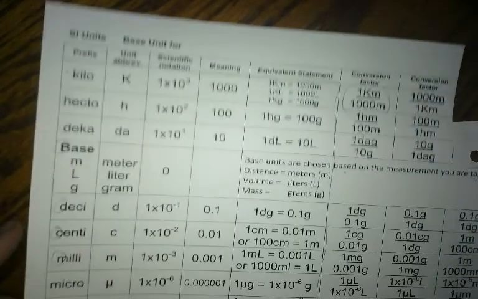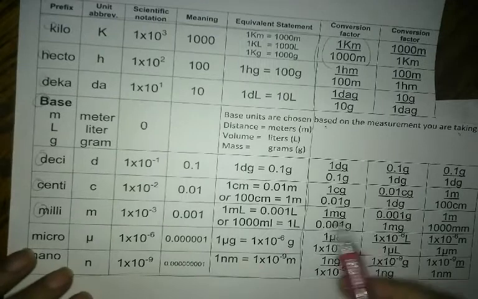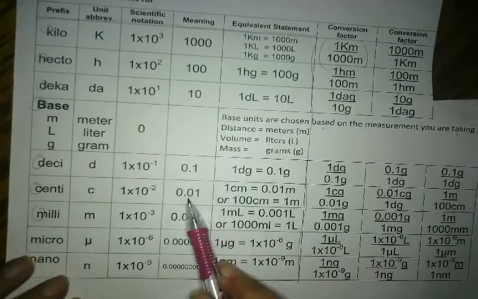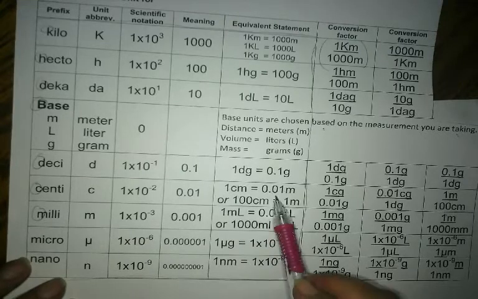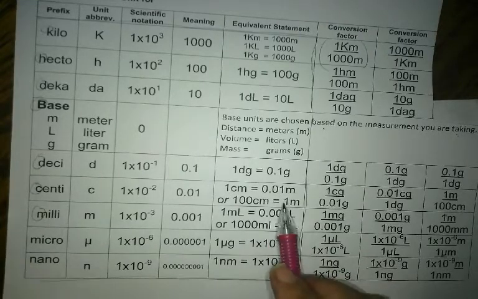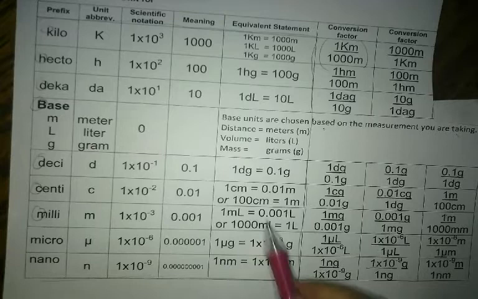Okay? So, the next prefix that I want to talk about is centi. A centigram is 0.01 gram, and a centimeter is 0.01 meter. Now, many of you may remember that there are 100 centimeters in 1 meter. That is also true.